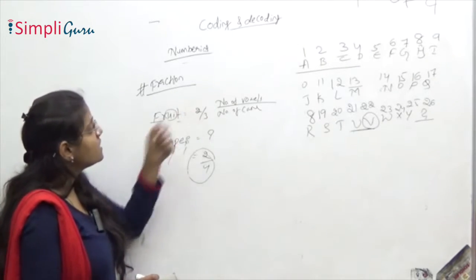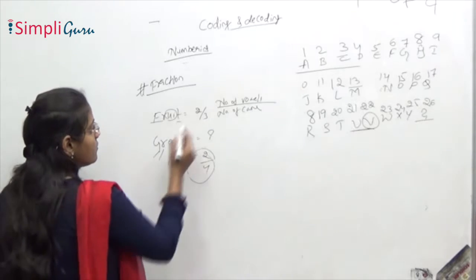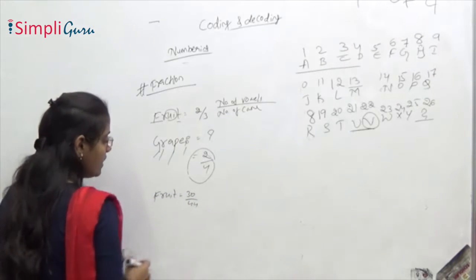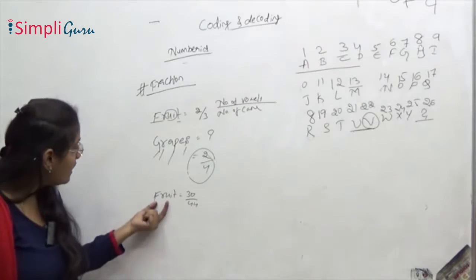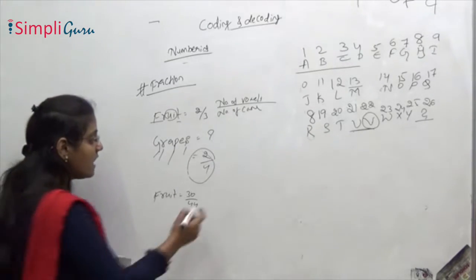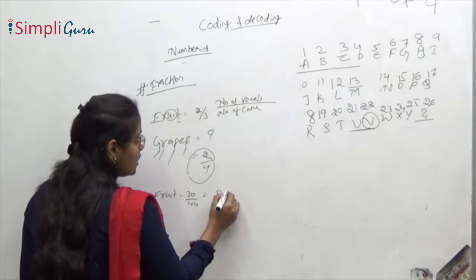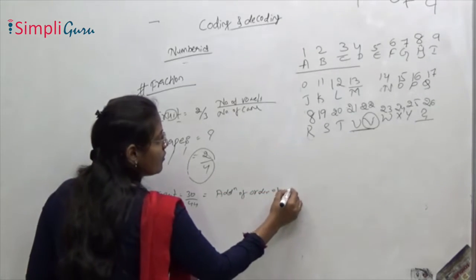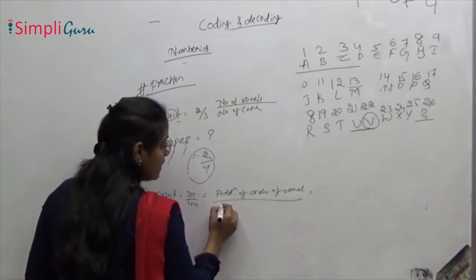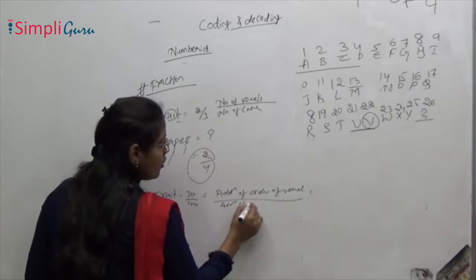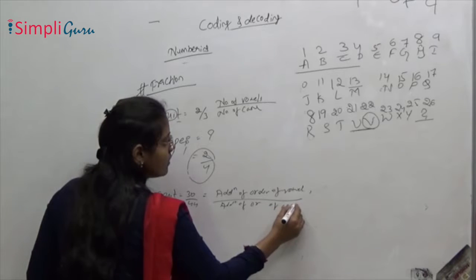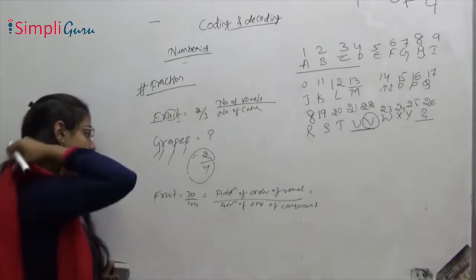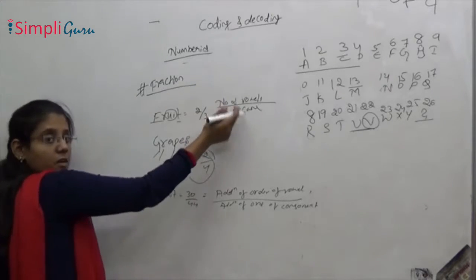If this number is a bigger one, for the same fruit, I will be giving 30 divided by some 44. Take some random number. So if it's a bigger number, then at that time it is the addition of the ordering of vowels to the addition of the ordering of consonants. If it's a smaller number, it is the count of vowels to the consonants.